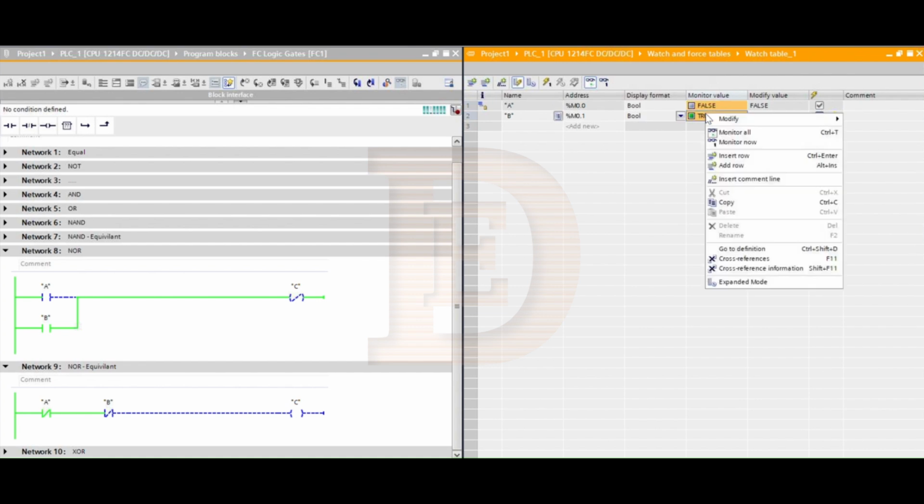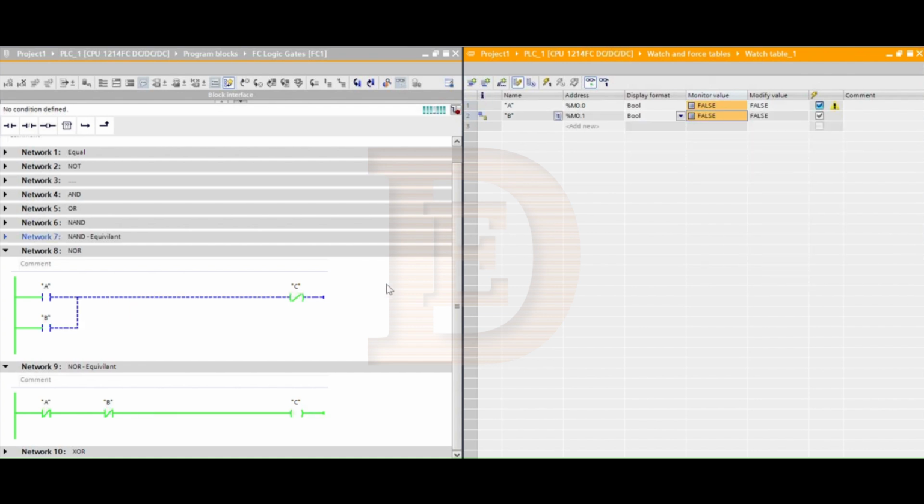But I need both of them off so C can be on. And we can see by a circuit why. If you understand it this way, you don't have to remember the truth table. You just have to remember that it is either series or in parallel.